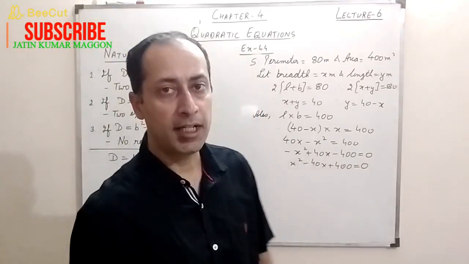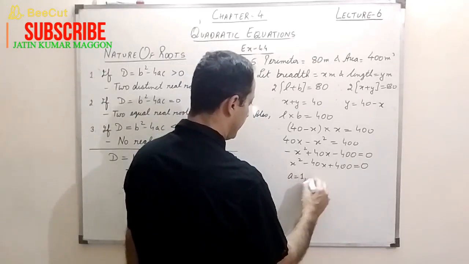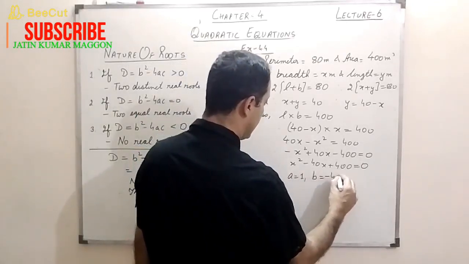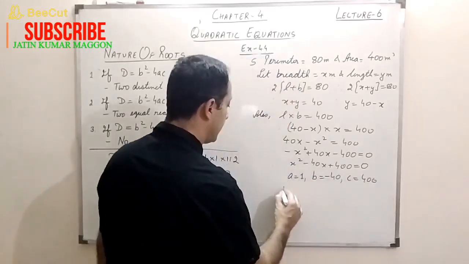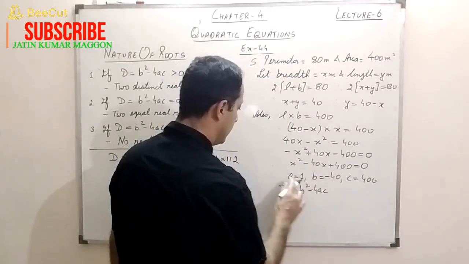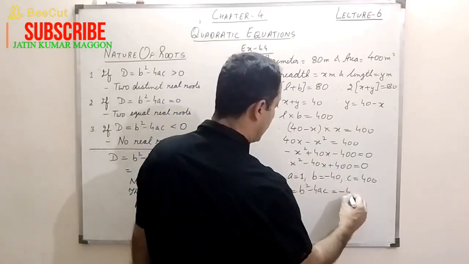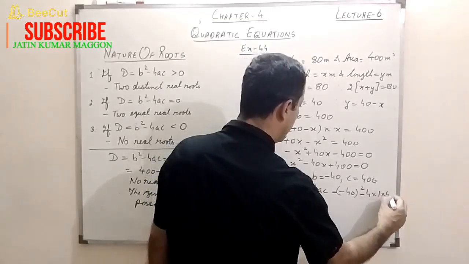Now the next step is to write the values of a, b and c. Now we find the discriminant. So that is (minus 40) square minus 4 into 1 into 400.